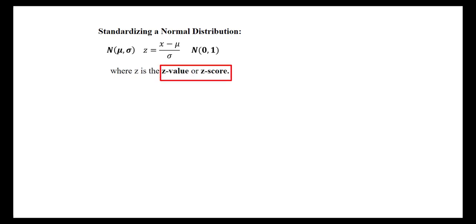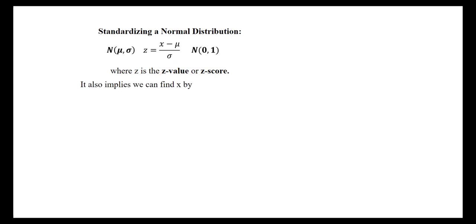Now, for us to be able to standardize our normal distribution, we can go from the normal distribution to the standard normal distribution by using the formula right here. Now, z becomes the z-score value, where the normal distribution has a random variable x, where z is the z value or the z-score value.